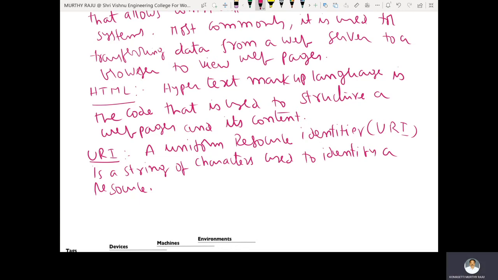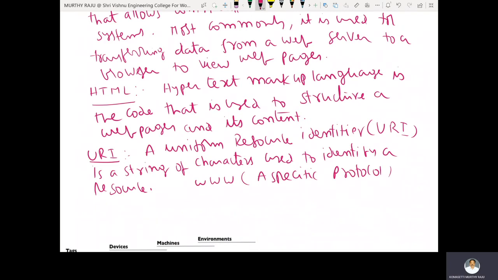Such identification enables interaction with the representation of the resource over a network, typically the World Wide Web, using specific protocols.